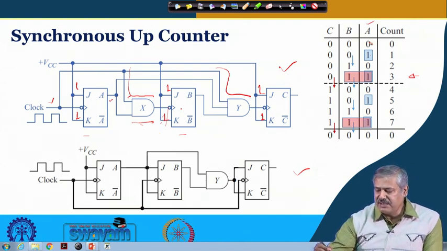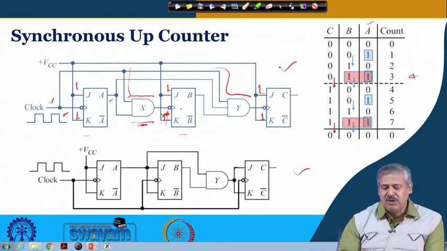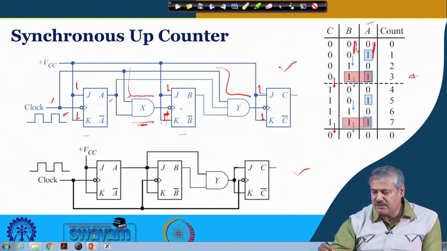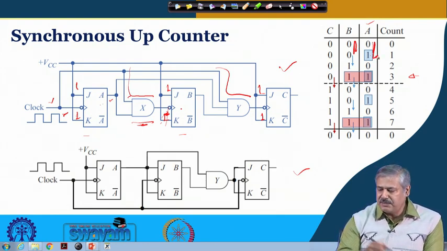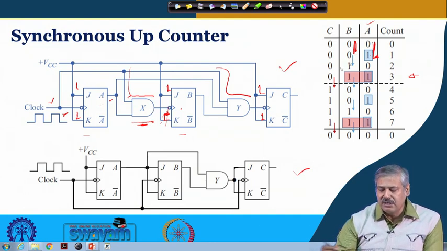And when A is 0, like in this case, initialized with 0, 0, 0, the clock has come here as well as here, but the clock has not advanced to this point, so A has toggled, but B has not toggled. You can see A has toggled, but B has not toggled. When A is 1, that means the next clock cycle, then this is 1 and the clock has come. So at the negative edge of the clock it will toggle, and it has become 0, 1.